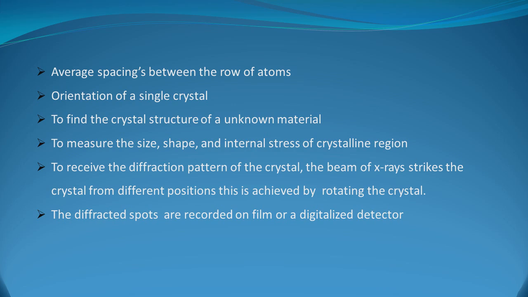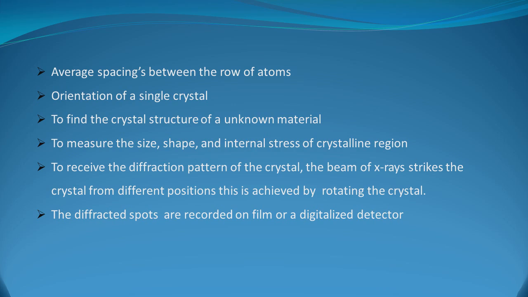Externally, we can also determine the size, shape and defects inside the crystal, and the results of the defects, such as the internal stress of the crystalline region, both on the surface as well as inside. We also detect the pattern of the crystal due to scattering.